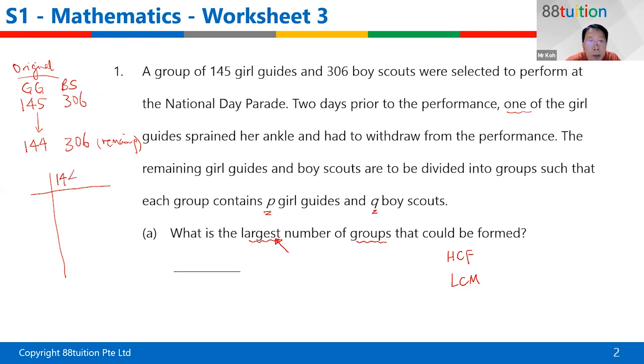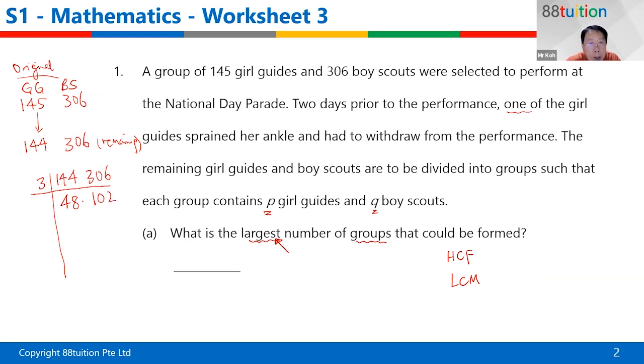So you're going to have 144 and 306. In this case, they didn't talk about prime factorization, so you can actually take any number that may not be prime. Anyway, I will still continue to take out a prime number. So I take out 2 to get 72 and 153.